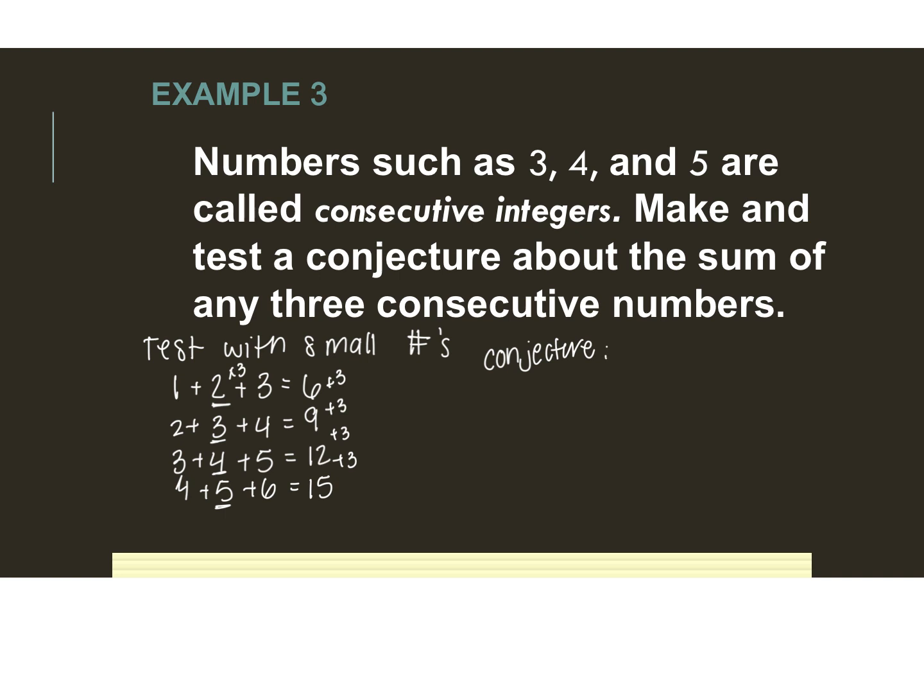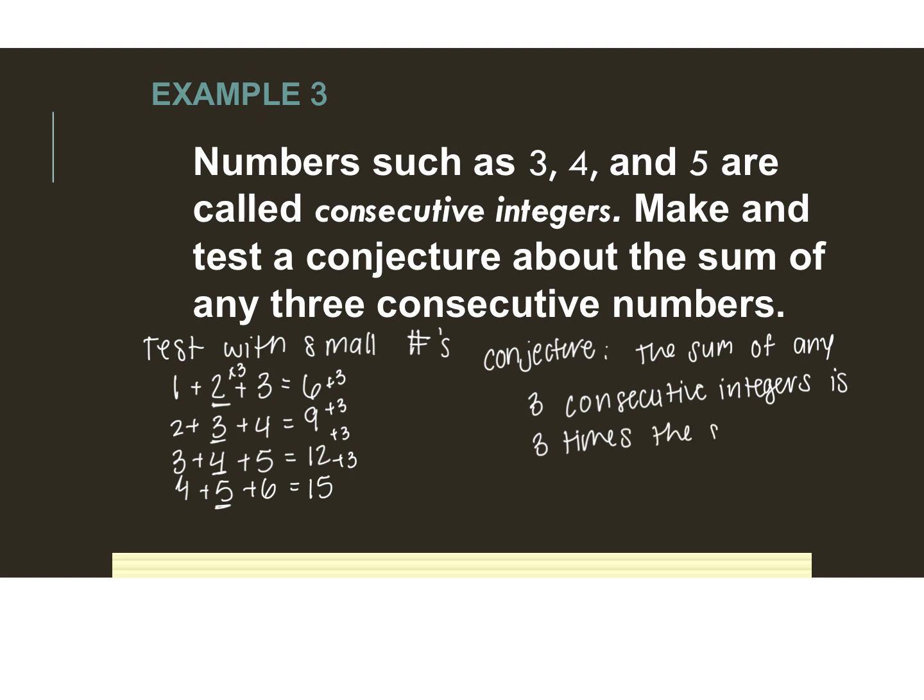So with that, we can state our conjecture. Our conjecture would be the sum of any 3 consecutive integers is 3 times the second number.